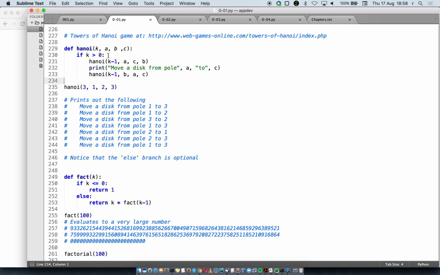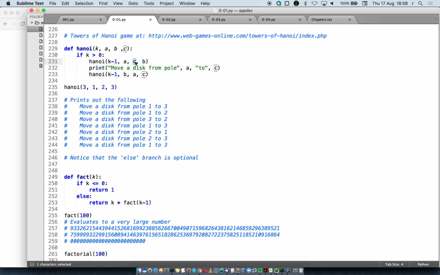So if k is greater than 0, I can assume that I can move k minus 1 disks. I'm going to move k minus 1 disks from pole A to pole B using C as an intermediate. When we code, there's also this little trick.